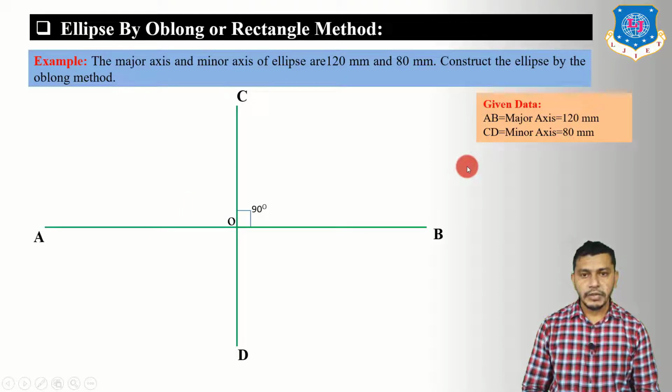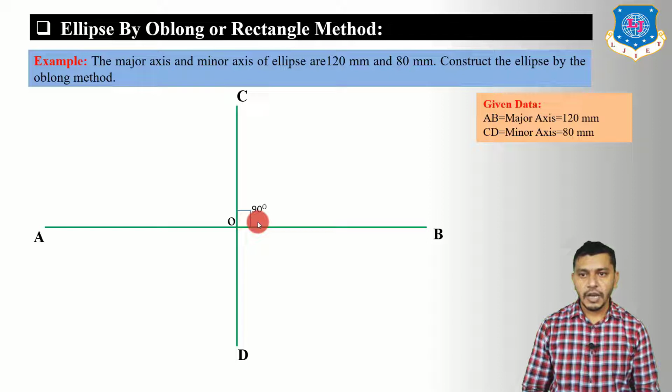Make sure that the intersection point of the major axis and minor axis is O. O will be the midpoint of the major axis, and the minor axis should be perpendicular to the major axis, or we can also say that the major axis and minor axis are perpendicular bisectors of each other.